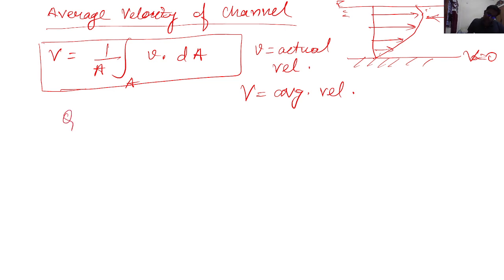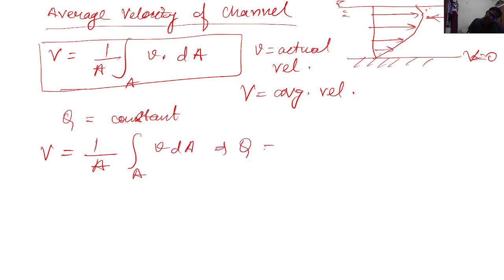So we know that, let us suppose Q is equal to constant, that is the continuity is maintained, the discharge is not changing across the channel. So V, that is the average velocity, can be written as 1 by A integration over the area v times dA.